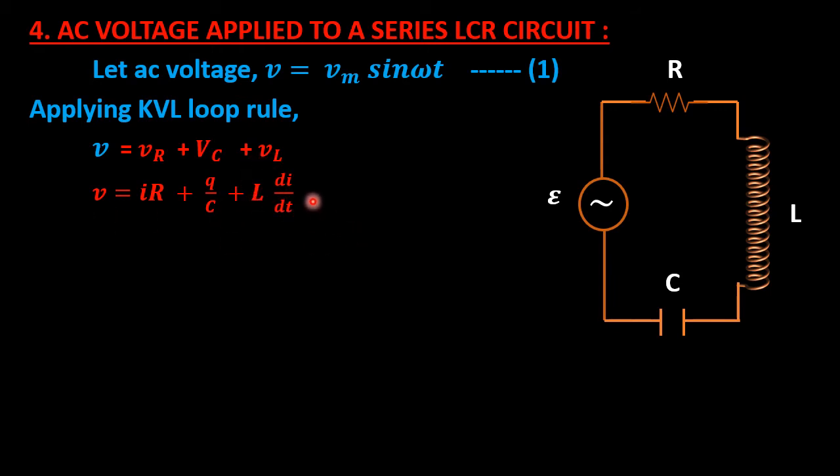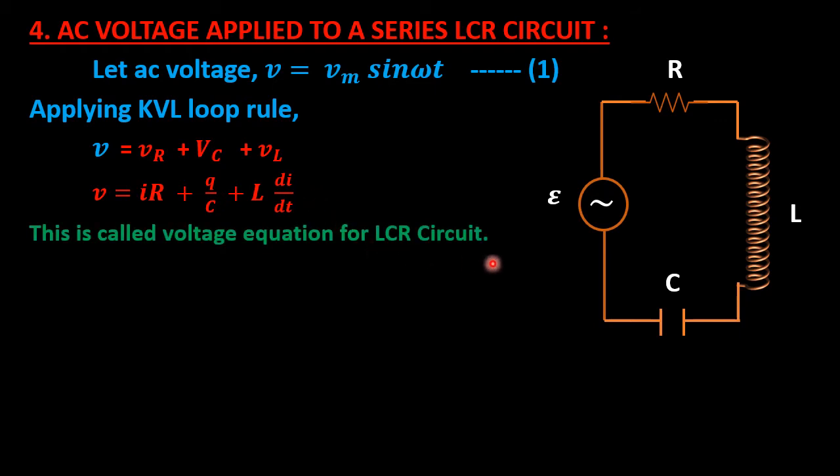This equation is known as the voltage equation for the LCR circuit. The voltage equation that we have obtained, we can solve by two methods: first from the phasor diagram, and second by the analytical method. So first let us solve the voltage equation from the phasor diagram.